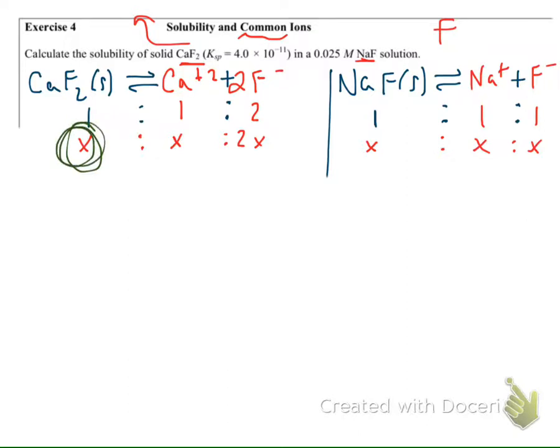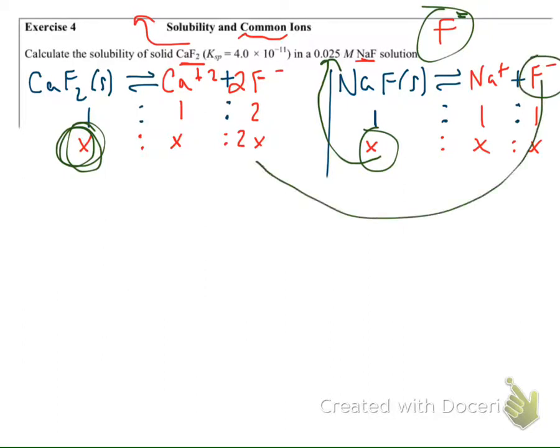And what we need to do is that we know that the common thing here is my F, or F minus to be more specific. And what we're given is that we know the F minus, or we know the NaF value. So it's not actually X here, we're actually given a value for it. And so we can use that to say that we know the F minus value. From this F minus value we can use that over here, and then we can solve for X from there.